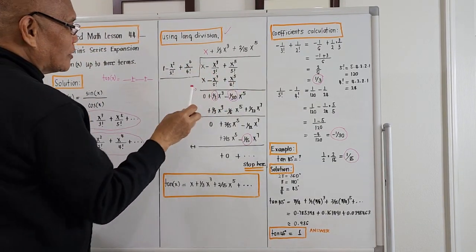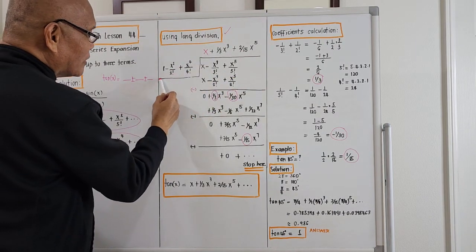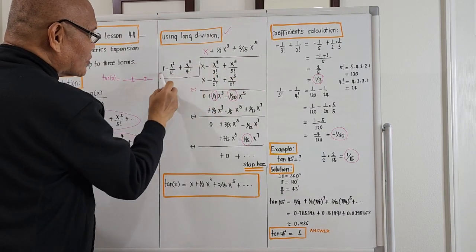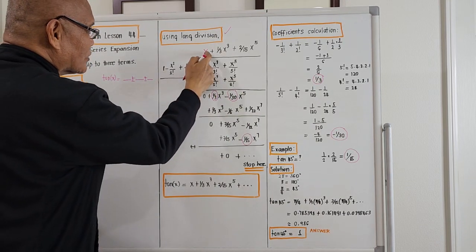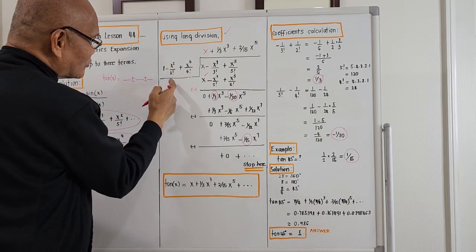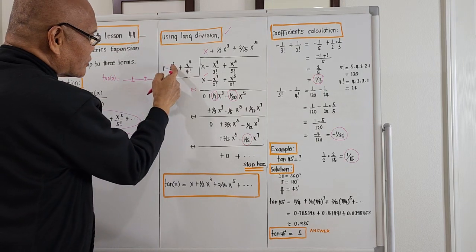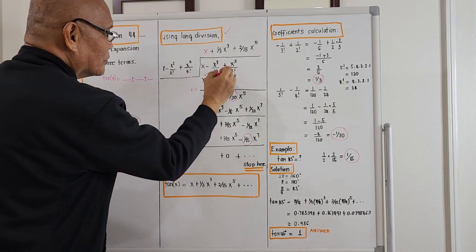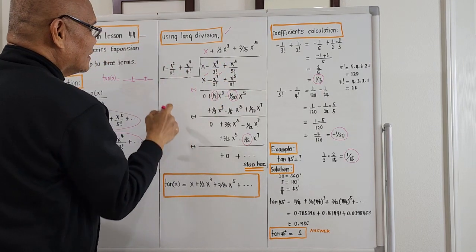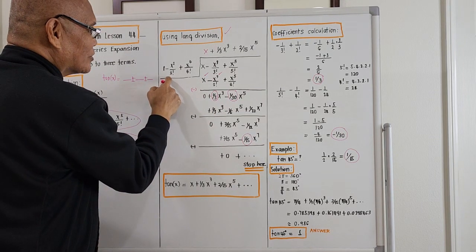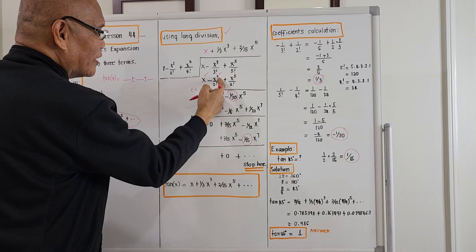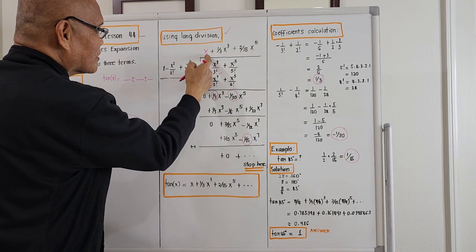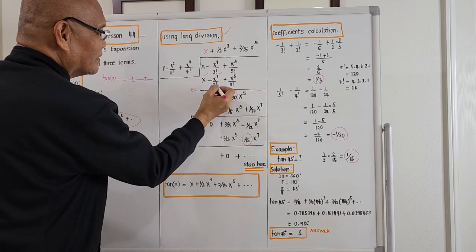So if we multiply the first term by all these terms here, x times 1 is actually x, right? x times x squared over 2 factorial: x squared times x will be x cubed, over 2 factorial. This x cubed here emanates from the product x times x squared, right?